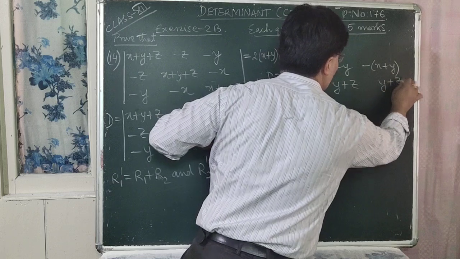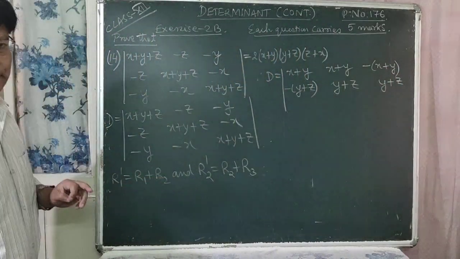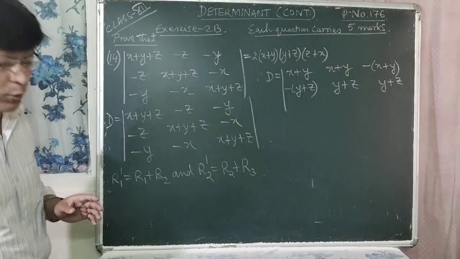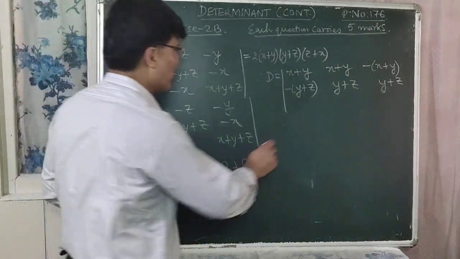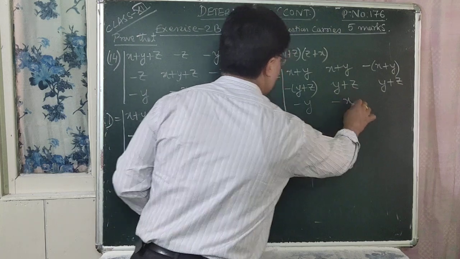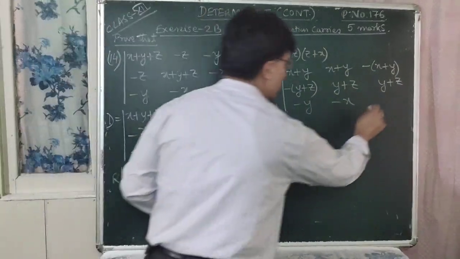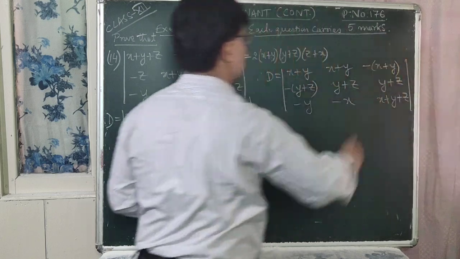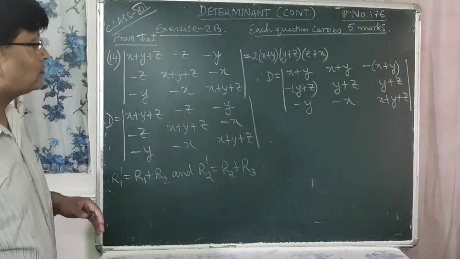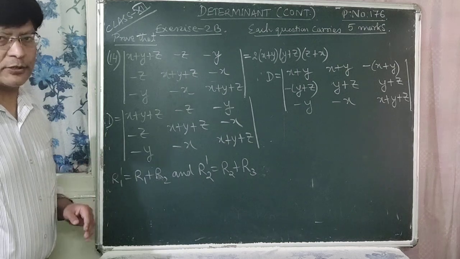So this is your y plus z. Is it clear? So this is the new second row. So now third row remains same, right? So minus y, minus x, and x plus y plus z. I think you have understood it.